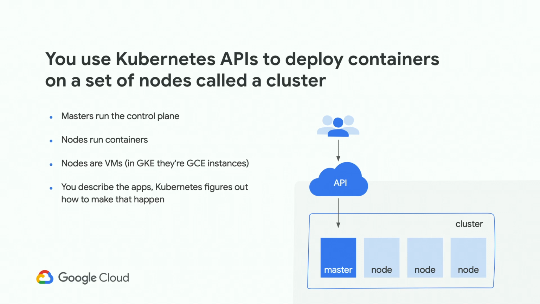We said the master runs the control plane, and the nodes run containers, and the nodes are VMs, so they are actually GCE, which is Compute Engine instances. And then you describe the app, and Kubernetes figures out how to make that happen.